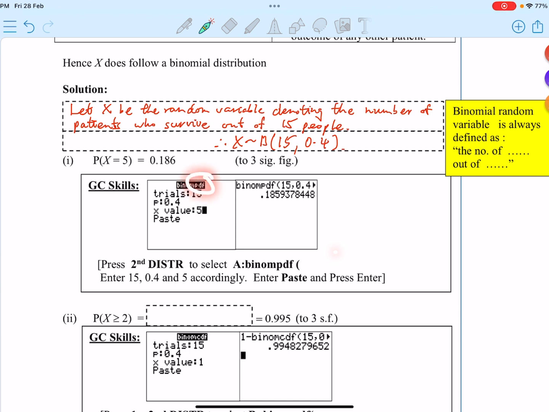You key in your number of trials, which is n, as 15, probability of success as 0.4, and the value of x as 5. From GC, you get this value here. You present answers to 3 SF.